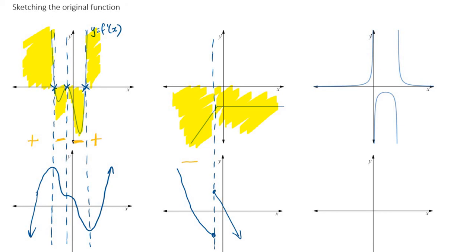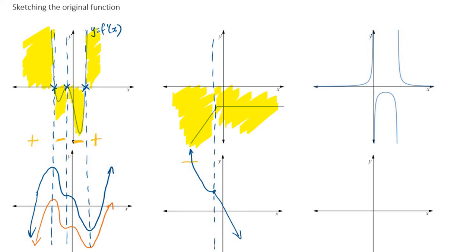There is nothing to suggest that these are or aren't continuous. So this and this would give us the same derivative. Similarly, if we look back at the first example, this will give me the same derivative.